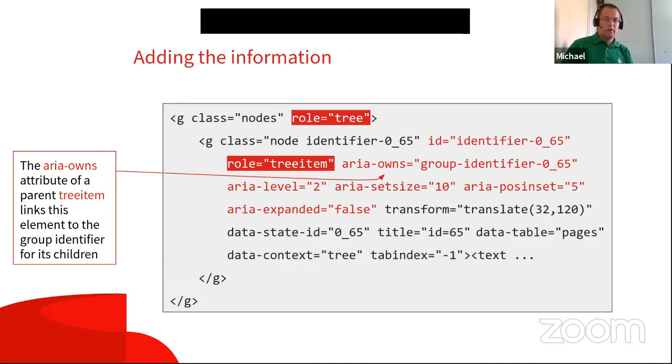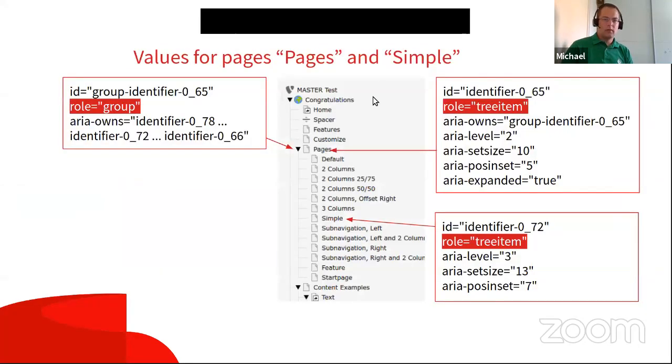So now we have a tree. We have the nodes of the tree items, and we have the grouping. Just to show you how this looks in the TYPO3 page tree as an example. This pages is the node with the ID identifier 65, and it has a role tree item. And this simple is another element with the role tree item, and they are grouped.